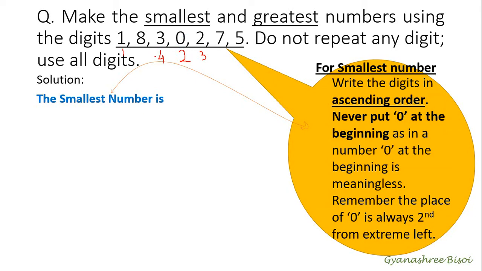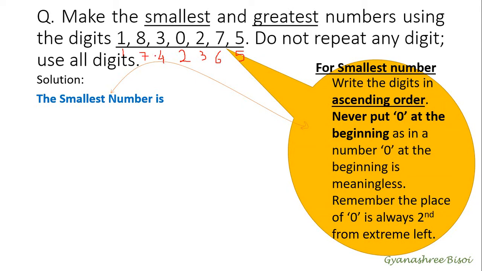Left to right we are writing. After 3 in increasing order, the next one is 5, the fifth place. Next one is 7. This is the 6th and this one is 7.